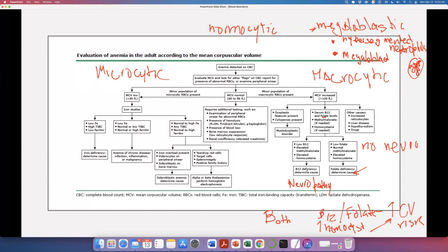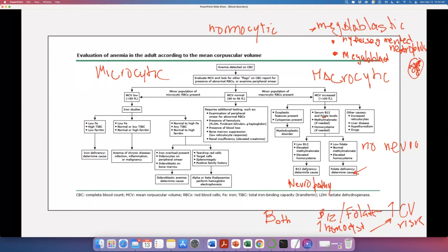Why do they have B12 deficiency? Is it because they don't eat? Is it because they don't absorb? Or is it because they have antibodies against intrinsic factor? Or they have a chronic atrophy of the stomach? Or they have a problem in the ileum, like Crohn's disease, and B12 is not absorbed?